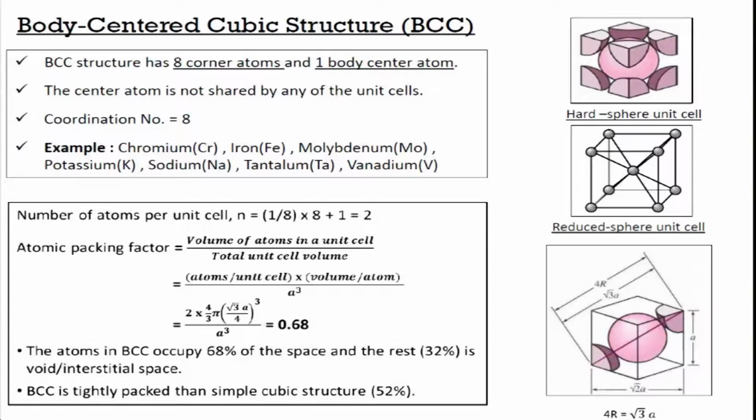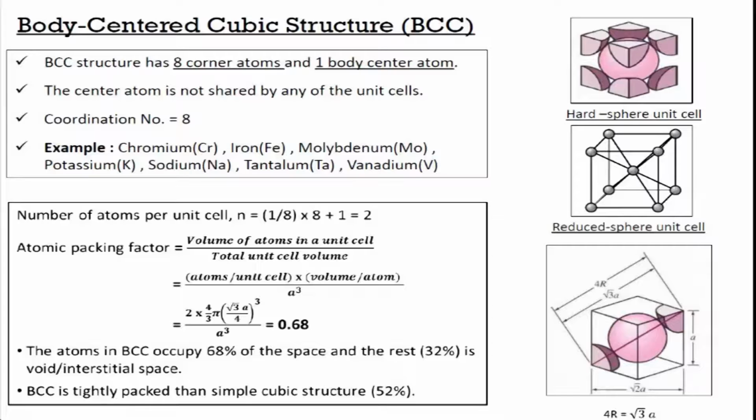That means this distance is root 3 A, hence root 3 A by 4 cube. So, if you calculate, you will see that this ratio will come out to be 0.68.